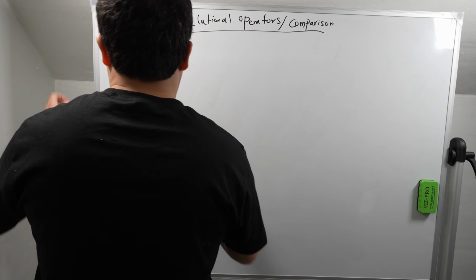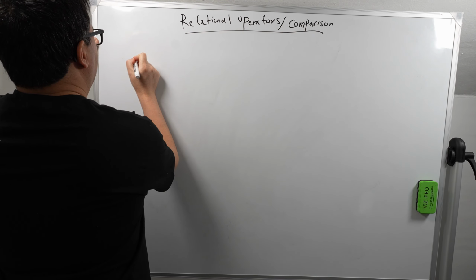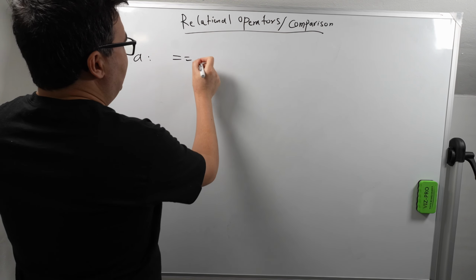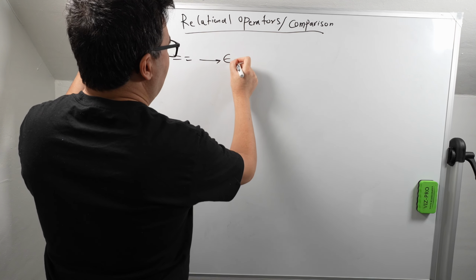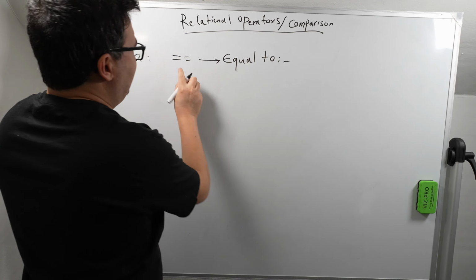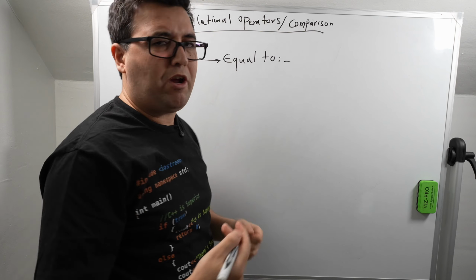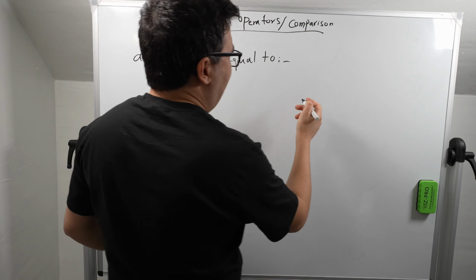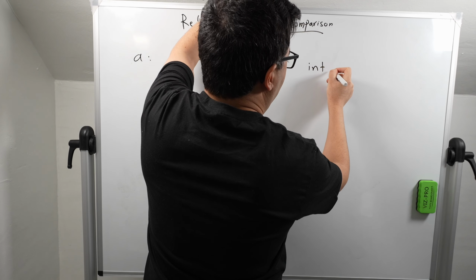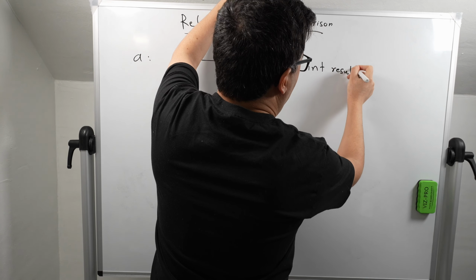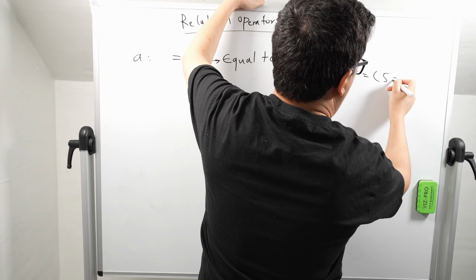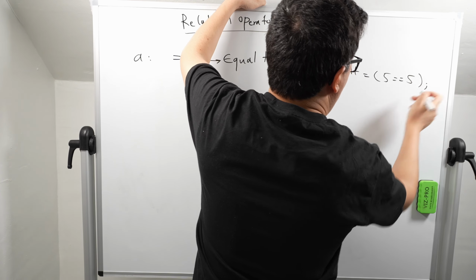So first we have equal to. These operators are called equal to. It means it compares two values for equality. Like I can say integer result equals 5 equal to 5.